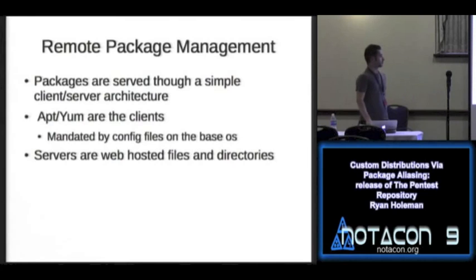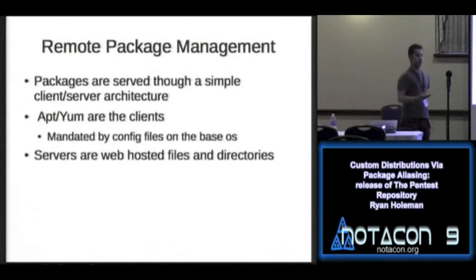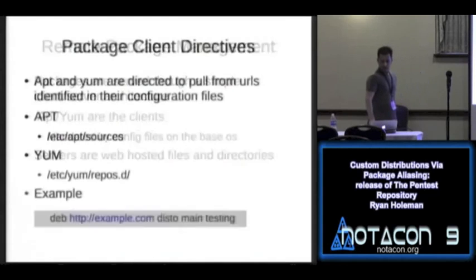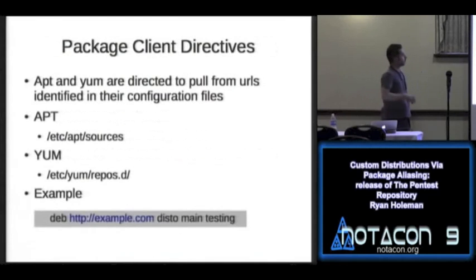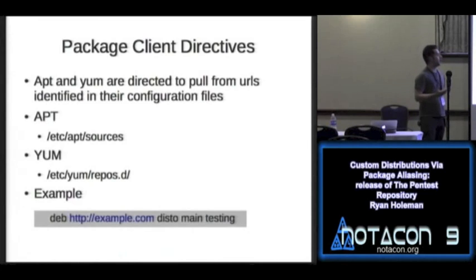A simple directory structure is typically found. It's always a unified directory structure in order to maintain compatibility with the actual application accessing it. So here's a simple example, right? For apt and yum, we have these configuration files.